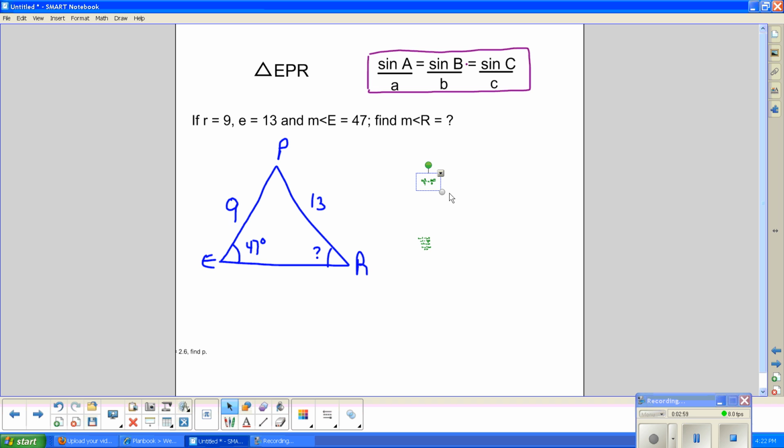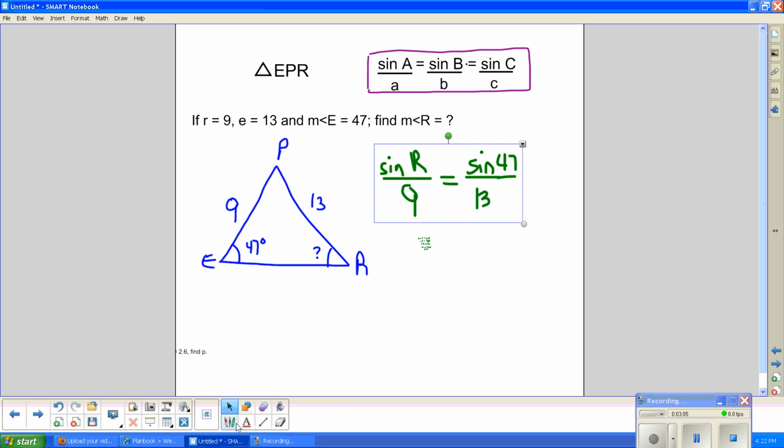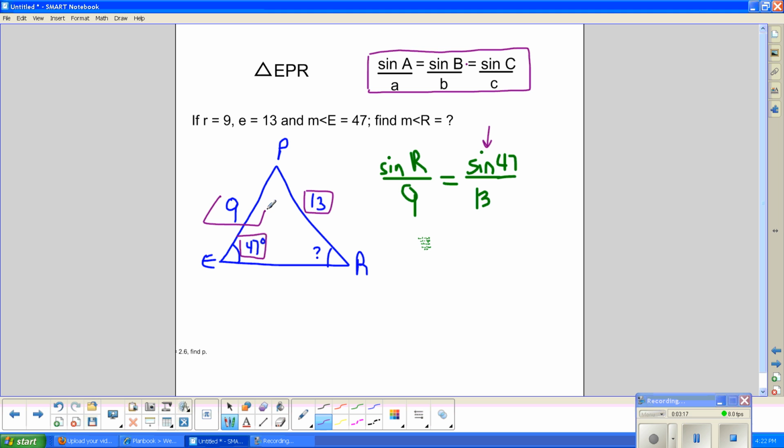Using this law of sines, we can quickly write the following proportion with two ratios by using 47 and the 13, the angle and the leg opposite for one of the two ratios, and then 9 and the unknown here.